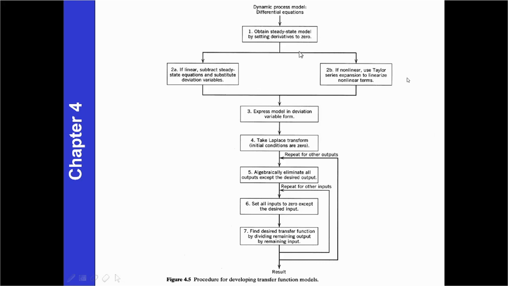If the system is linear, we can subtract the steady state equations and substitute the deviation variables. If it's non-linear, we can use the Taylor series expansion to linearize the non-linear terms.